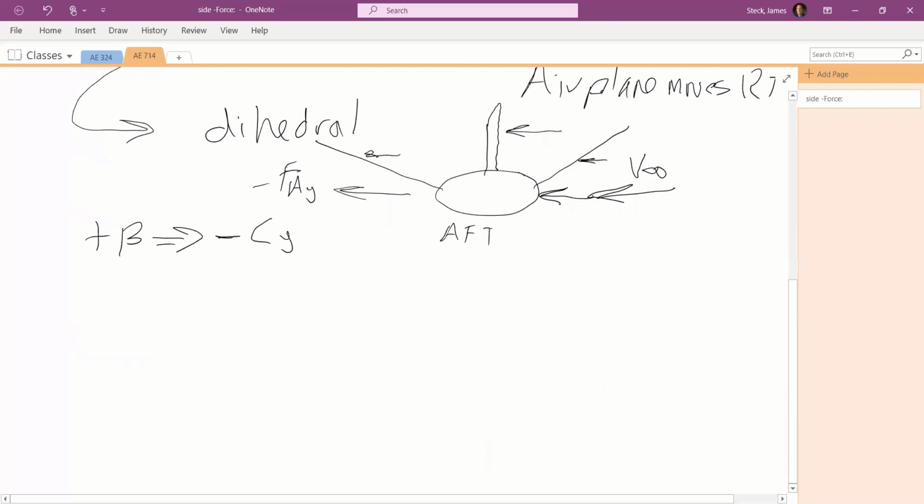All right, so to build up the force, we're going to take the lift curve slope of the vertical tail, and we're going to multiply it by the angle of attack of the vertical tail. And we already did this last time. It's going to be beta minus the side wash.